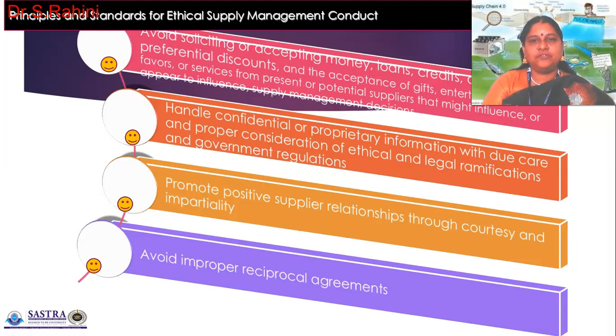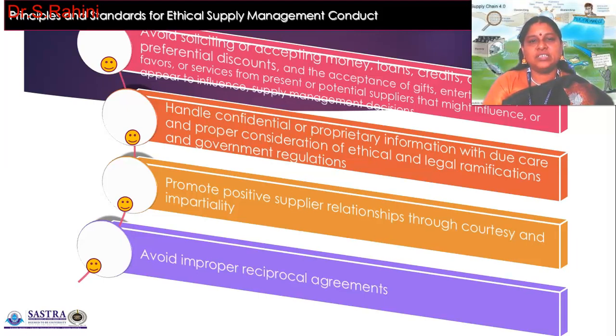Handle confidential or proprietary information with due care, like fund transfers, customer account details, the customer database, everything, with proper consideration of ethical and legal ramifications and government regulations. Promote positive supplier relationships. For that, you should not go for get-togethers or parties, or often visit the customer's place creating a relationship-like behavior.